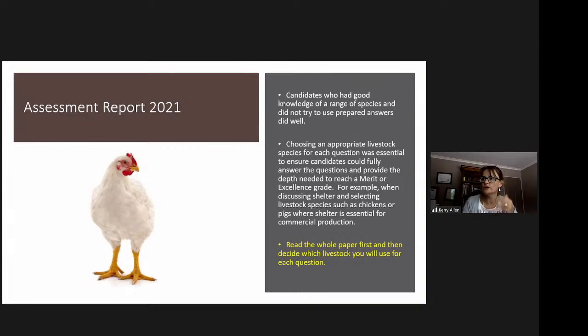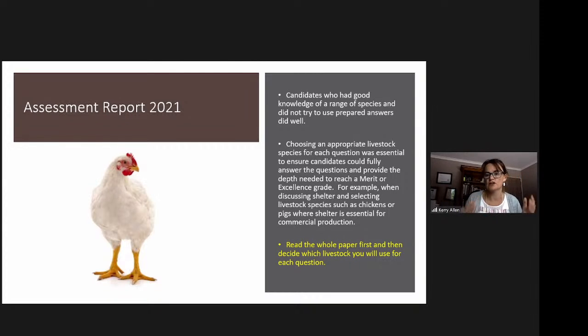Okay, so to do well, and this has come out of last year's assessment report, candidates who had a good knowledge of a range of species, that probably should say livestock, and went in not with prepared answers, but just went in well prepared, those are the people that did well in the exam. So don't go in with prepared answers in case the questions don't match your answer, because then you can often not write as well.